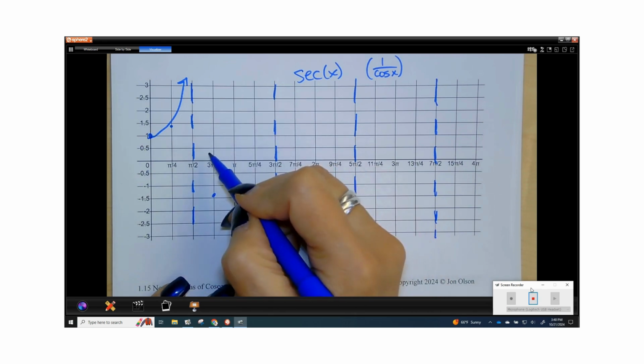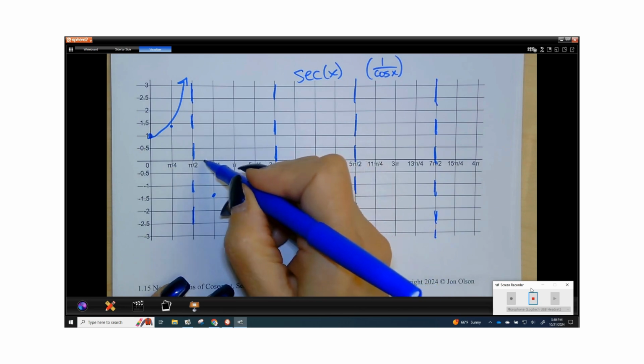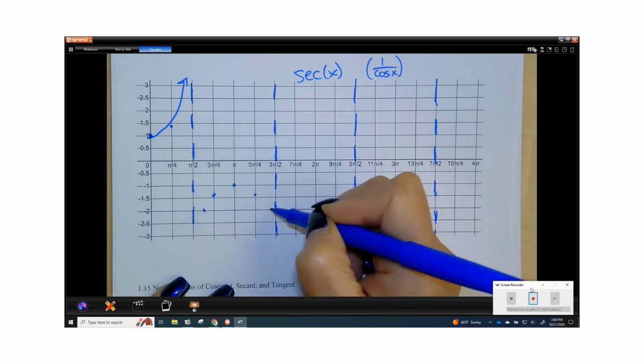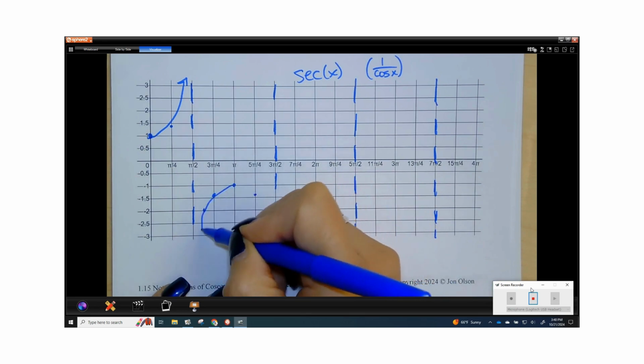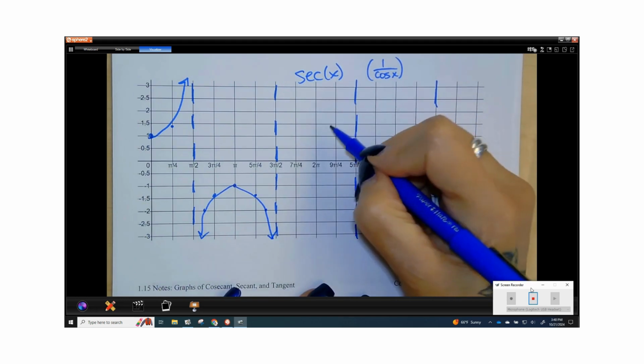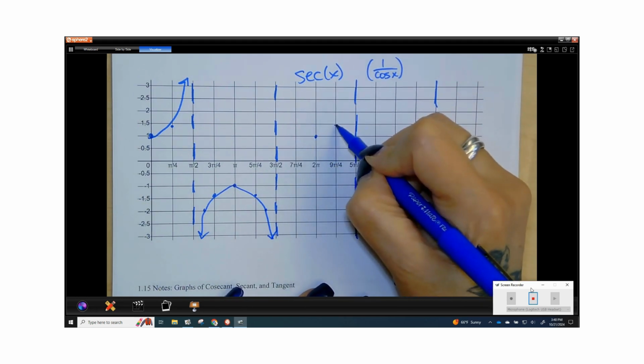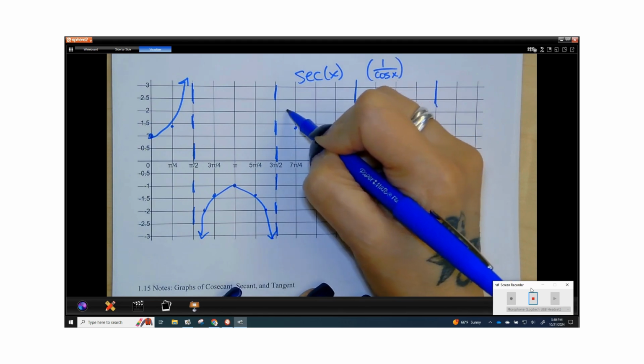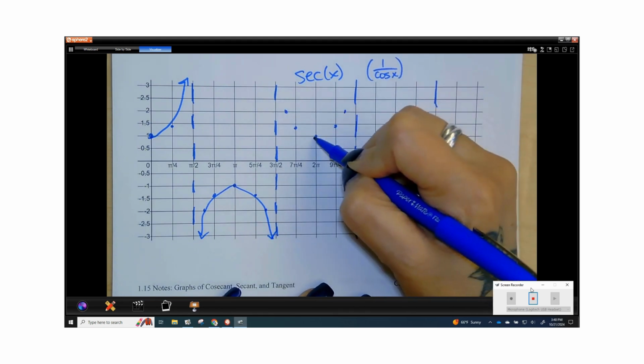Between that, it's at negative 2, negative 2. So it doesn't cross that dashed line. Here you could guess, here, here, here, positive 2, positive 2.